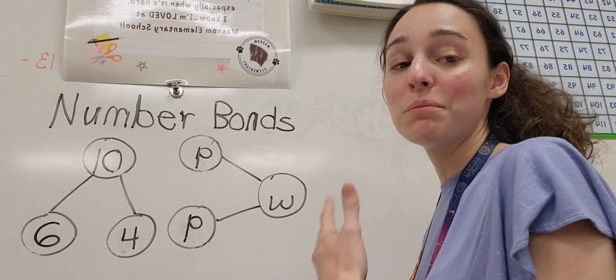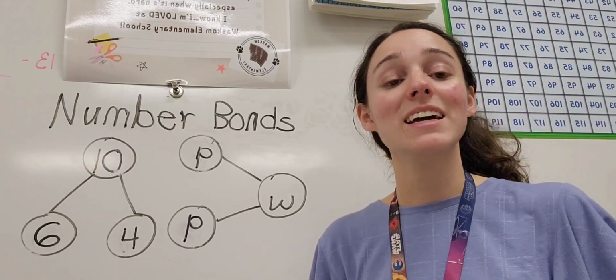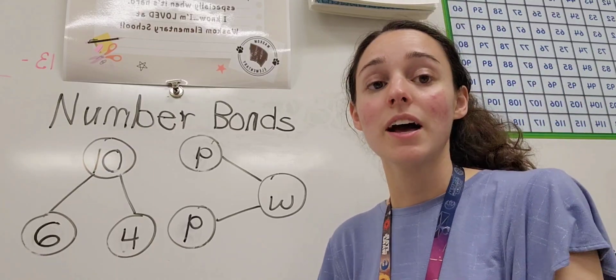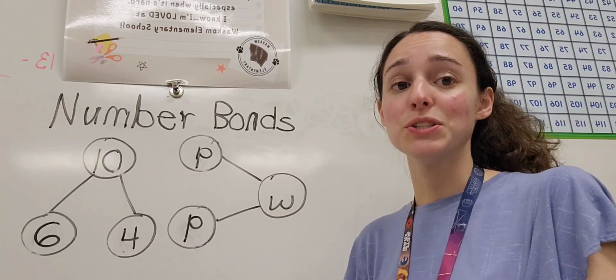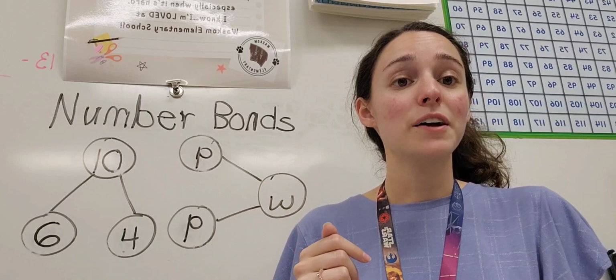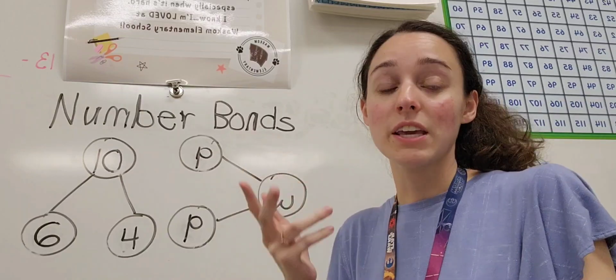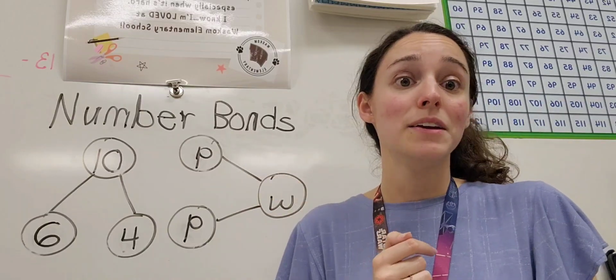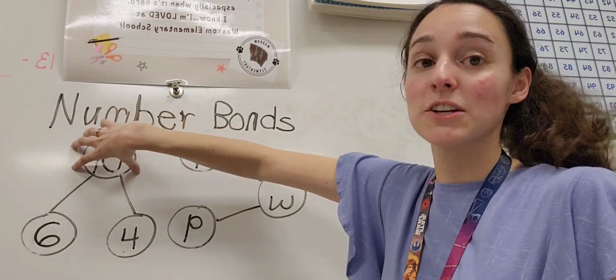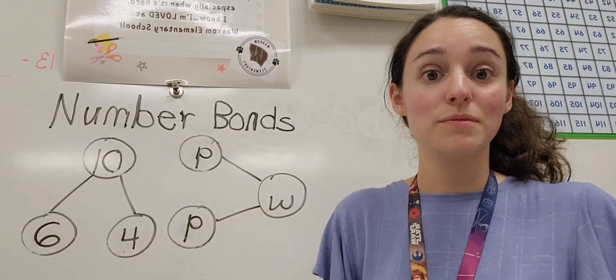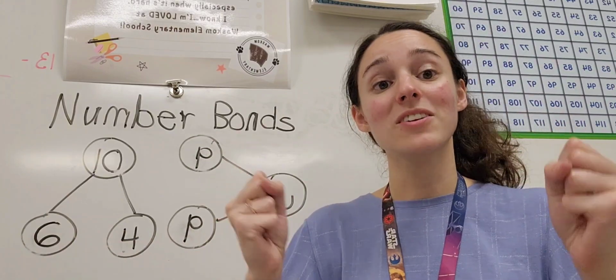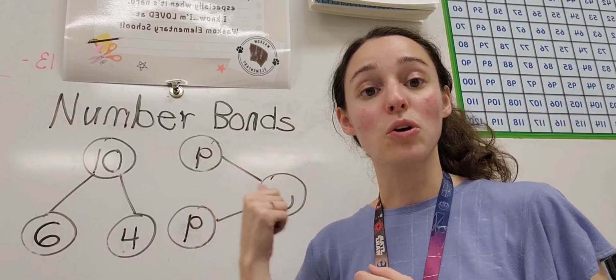So you can make number bonds with any addition or subtraction number at all. If you wanted to do 45 plus 45 equals 90, you could do that. You'd have 90 as your whole because it's the total, and then you'd have 45 plus 45 as your parts, because those are the parts coming together to make your whole.